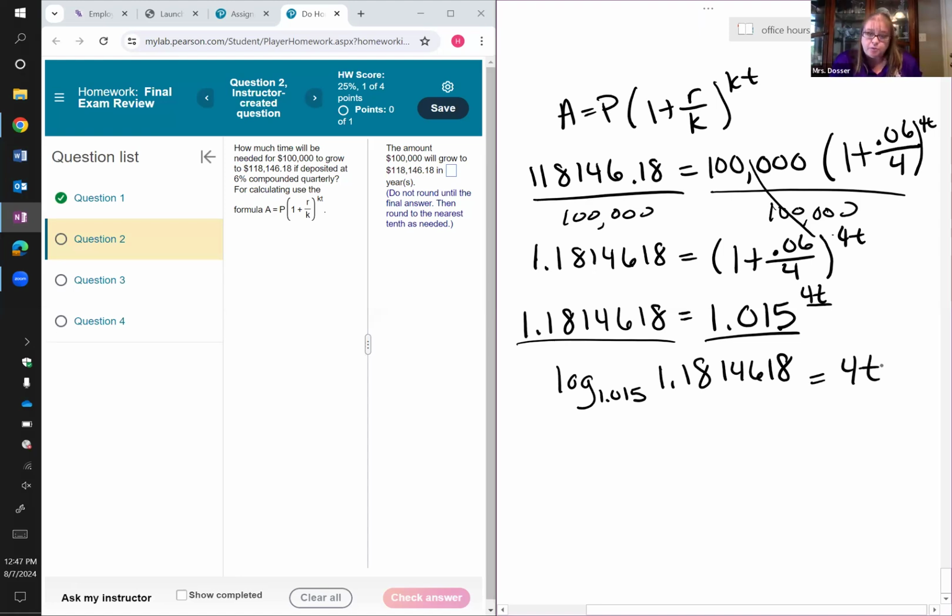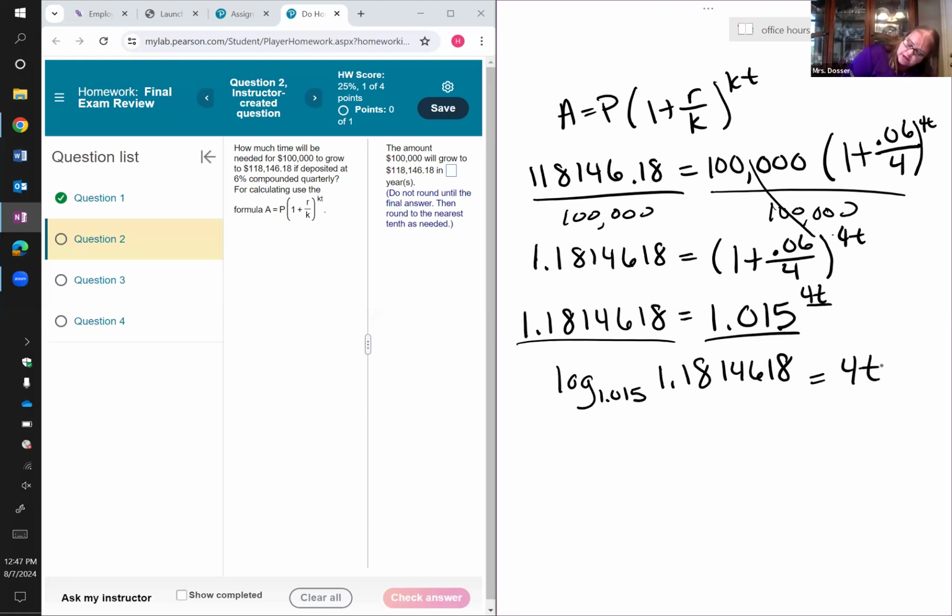Now on the left, we have the log where the base is a number and what we're taking the log of is a number, so we can just put that in our calculator. Remember, some calculators will do bases other than 10 and e, and so you can enter it just the way it is. Other calculators, you're going to have to use the change of base formula.